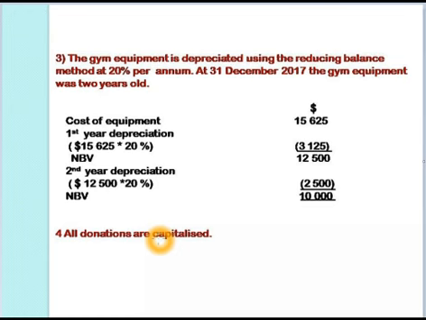Next, in the fourth bit, what is given is that all the donations are capitalized. In clubs and societies, there are three different ways in which we deal with donations. If the donation is very small, we take it as revenue income. If the donation is given for a specific purpose, like to buy a specific piece of equipment or to build a specific requirement for the club, like a specific ground or a specific pitch, then we open a bank account for that specific reason and credit the whole amount to that bank account and use it for the specific requirements.